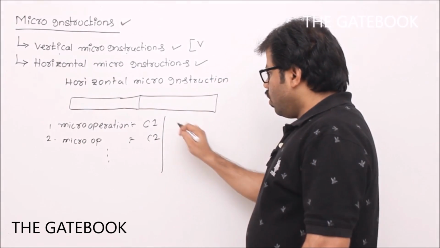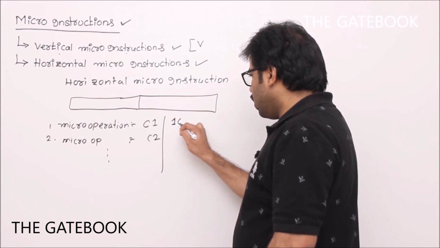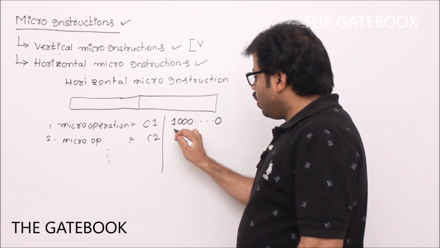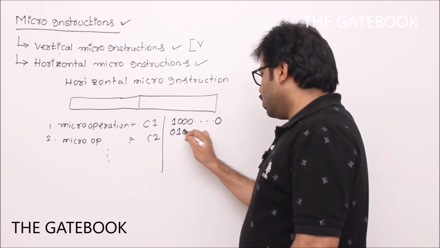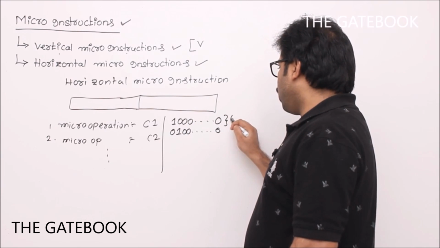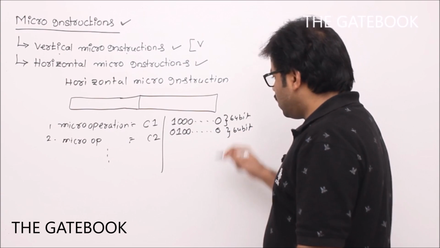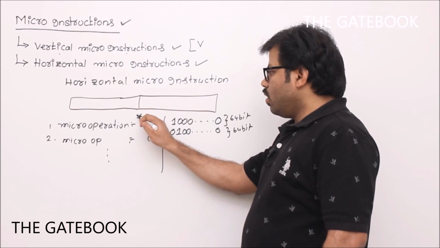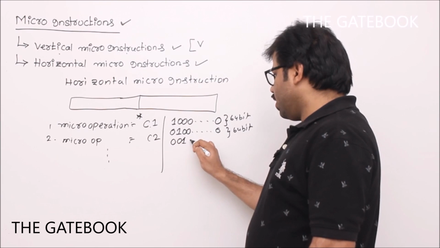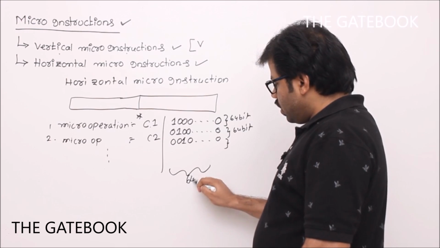Maybe you require this pattern where C1 is on and all other bits are off. This is one possibility. For the second one, you get the binary pattern 0 1 0 0, with all the remaining zeros. Each one is a 64-bit word. But since my assumption is that at a time exactly one signal should be on, how many different combinations are possible? Only 64. You know that, right? Only 64.